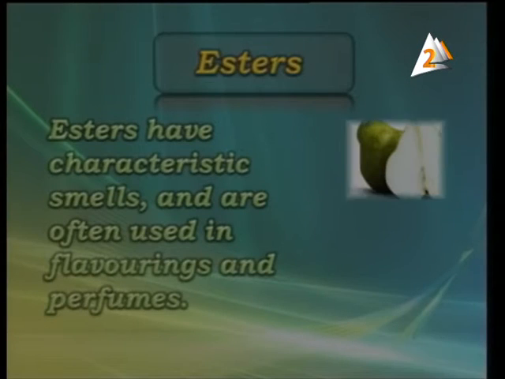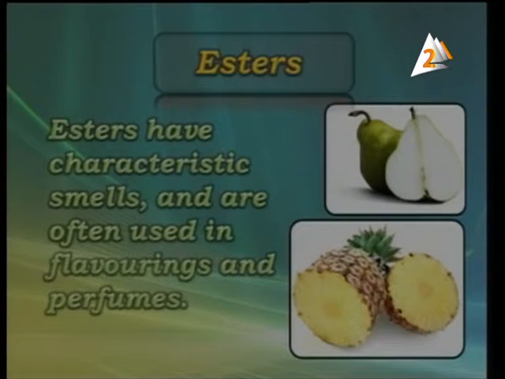Now we have esters. Esters have a characteristic, good smell and are often used for flavoring and in perfumes. We have perfumes that contain a type of ester. Esters are found in many types of fruits, vegetables, and some kinds of flowers that have a good smell.